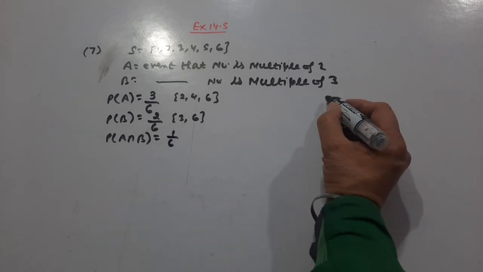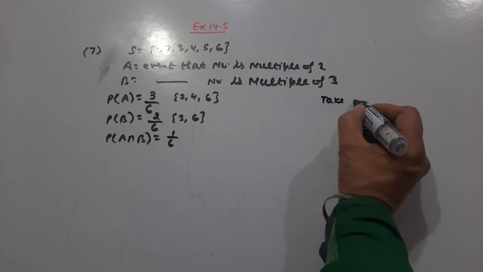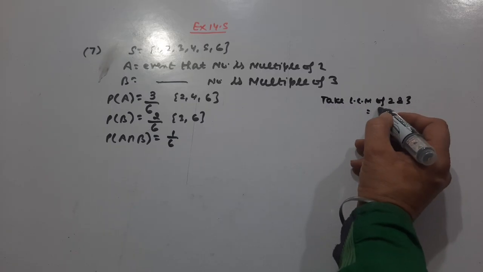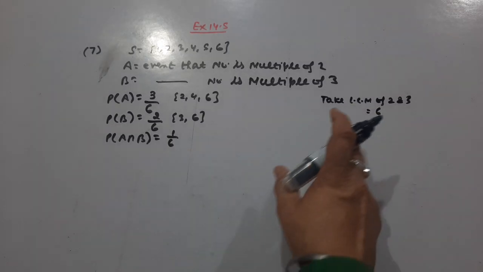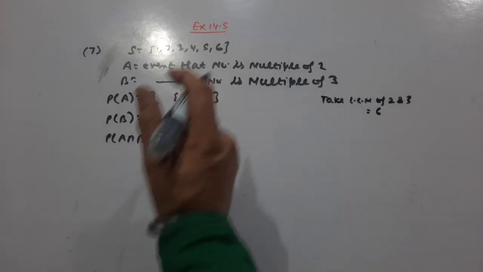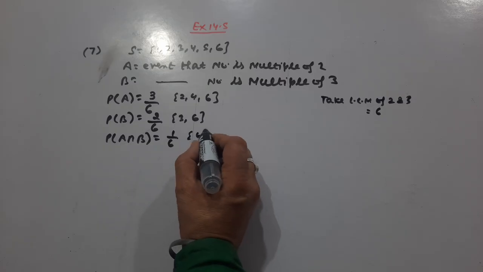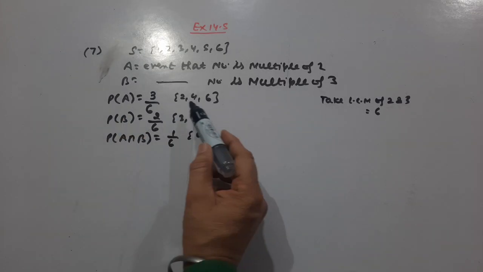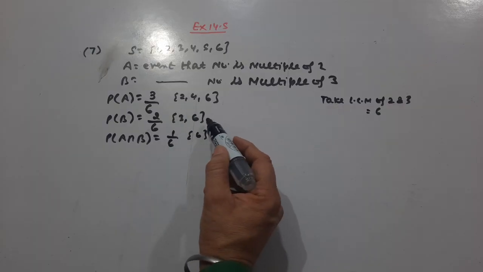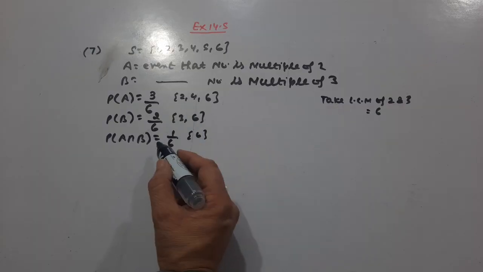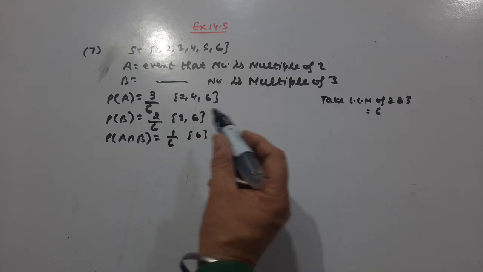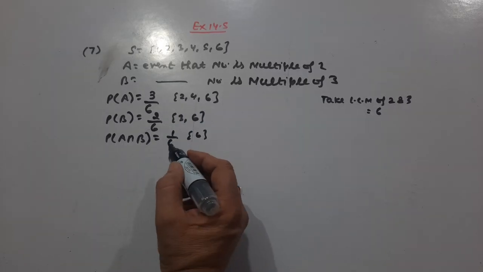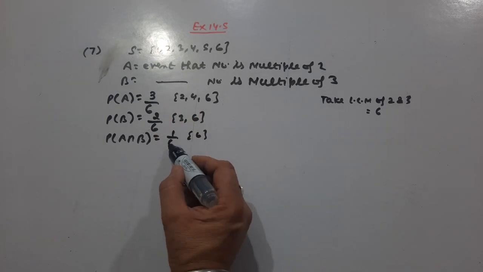So what we do is take the LCM of 2 and 3, which is equal to 6. So the multiple of 6 will be only 1, that is 6, right? So P of A intersection B is 1 by 6. First we find the multiples of 2, then the multiples of 3, and then the common number which is divisible by both 2 and 3, and that number is only 6. So only one number is there, so we write 1 by 6.